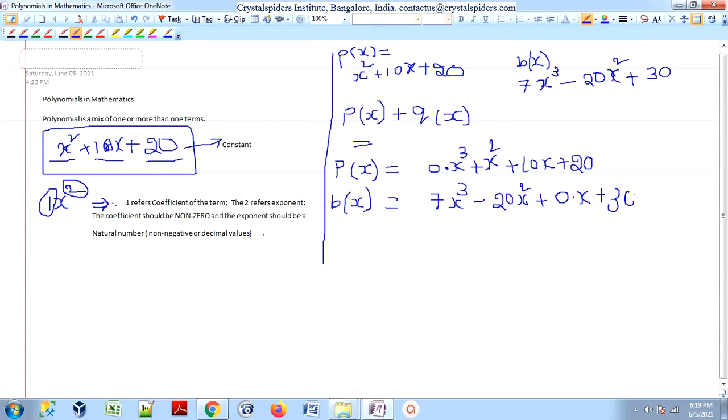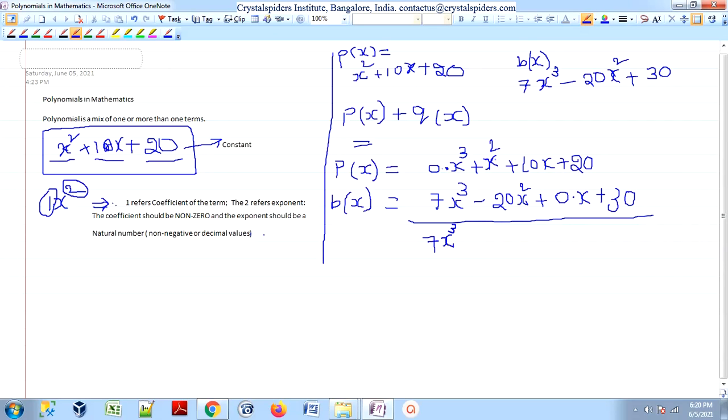So now here we are going to do the addition of these two polynomials just like this. While doing the addition, the exponents will be the same, guys, the exponents will not change. What is the max exponent here, x cube, and 0 plus 7 is 7x cube as it is, 7x cube.